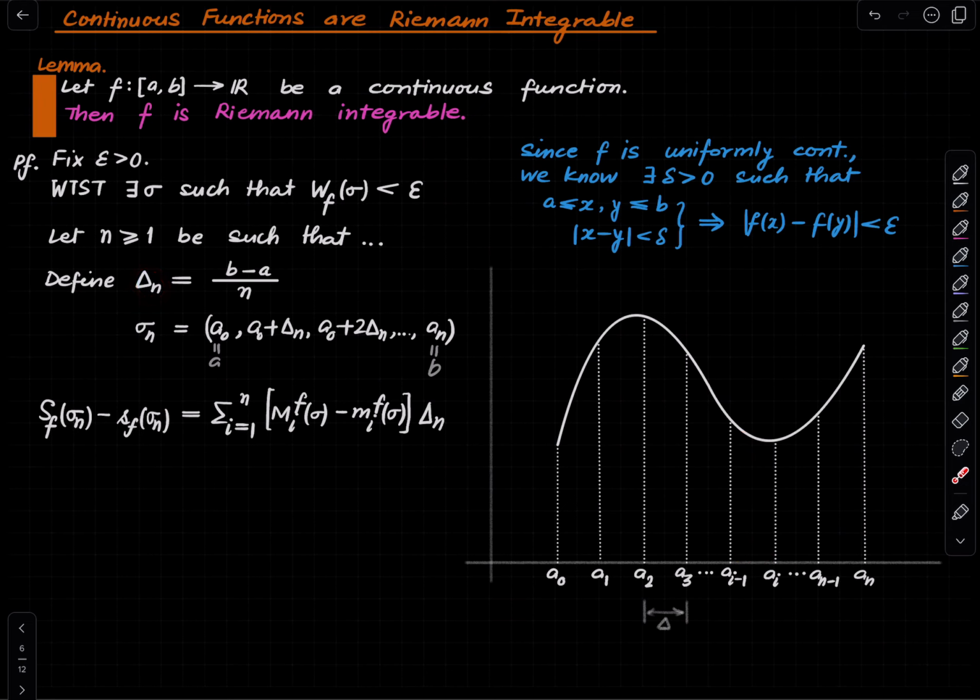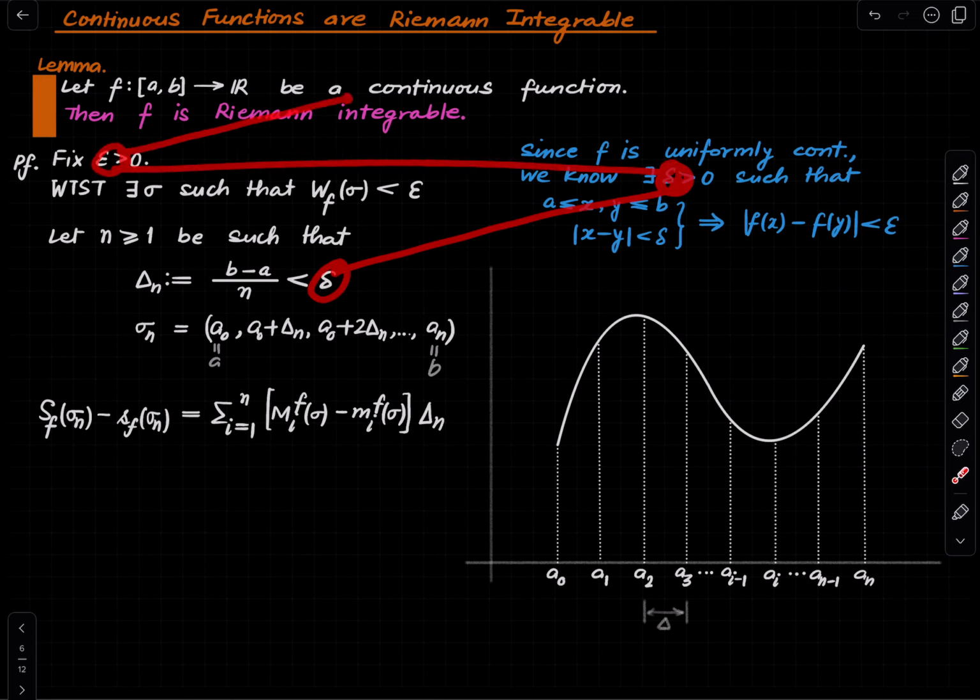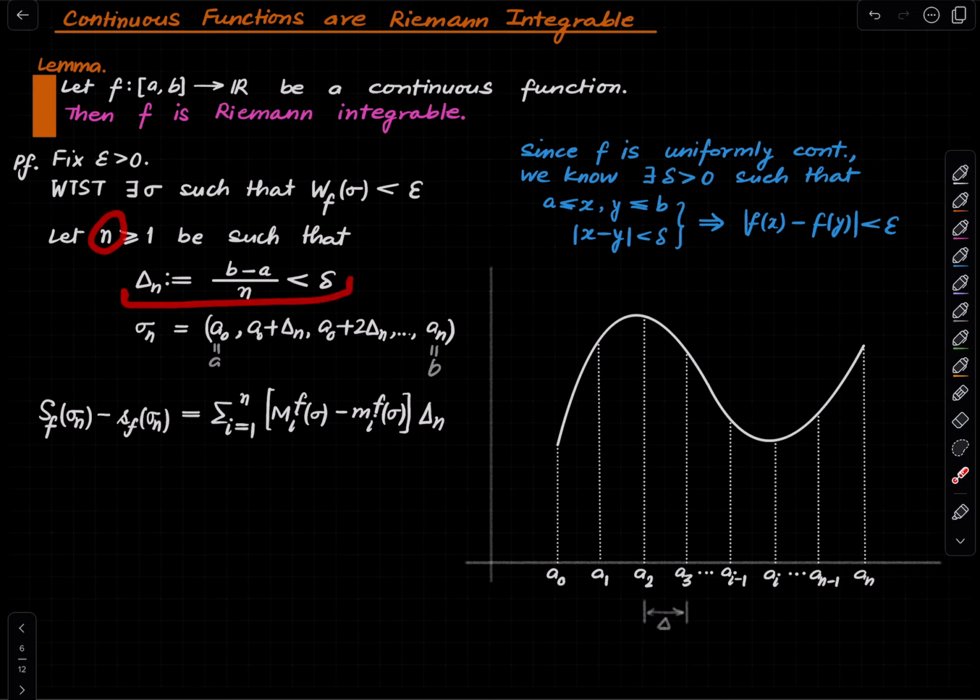So let me fill the blanks. Let n greater than or equal to 1 be such that delta n, if defined this way, is less than little delta. Little delta comes from epsilon and the uniform continuity of the function. Once the value of little delta is known to us, we define little n so that this happens.